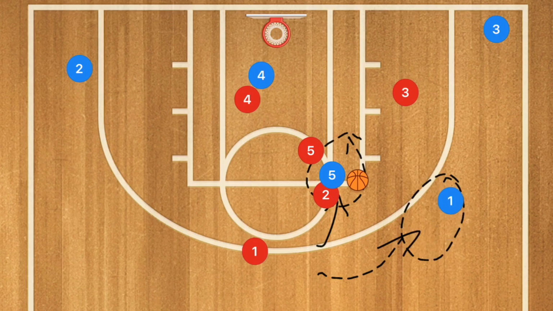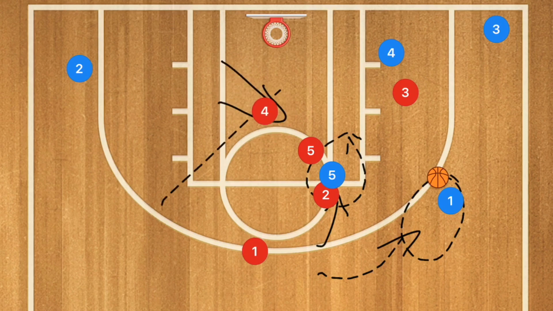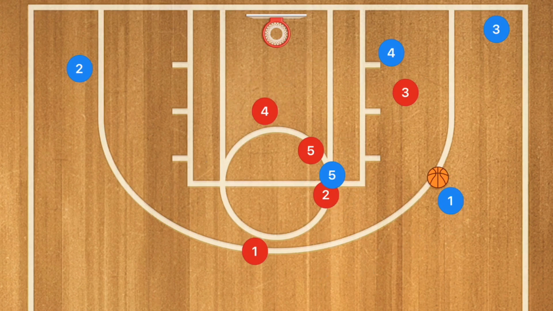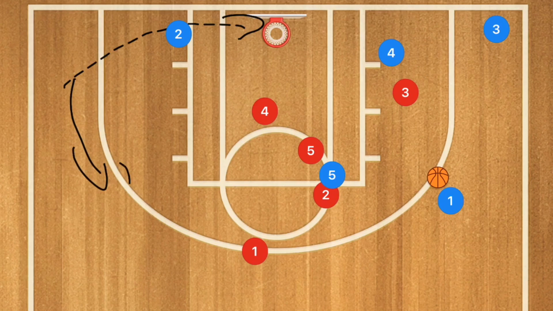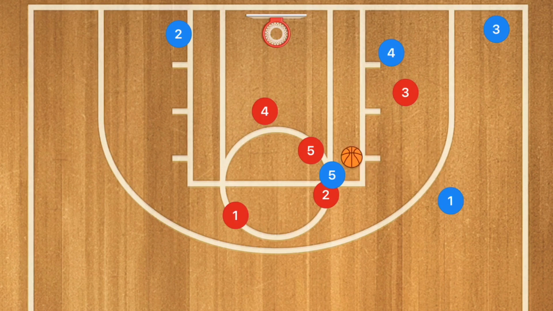When that happens, that leaves player 1 wide open for a 3, but also when player 4 clears out towards the opposite post, usually player 4 red has moved up so high to defend that high to low post cut, where player 2 now can cut from the far side, either towards the basket or to the free throw line extended. And when that happens, we can have player 5 still having the ball, for example. Player 5 would then be able to pass or a lob pass into player 2, which we've done multiple times very successfully at the junior high and senior high level.